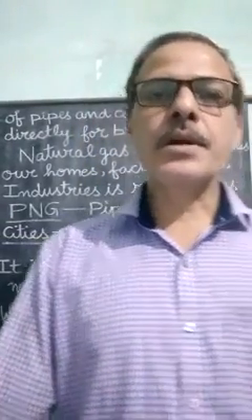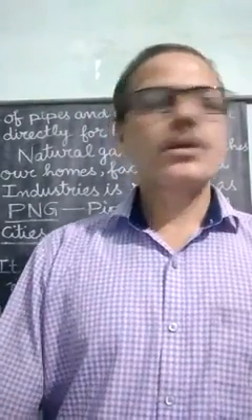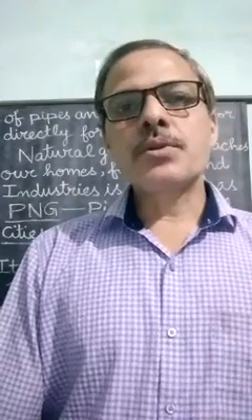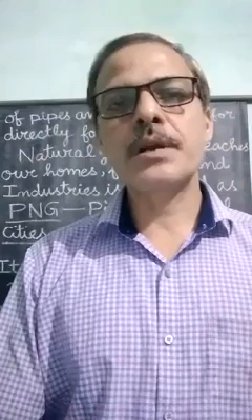Then carbon dioxide, students, if you remember in lesson number 18, I explained how the increase in the concentration of carbon dioxide in the atmosphere can lead to various environmental problems, like global warming.